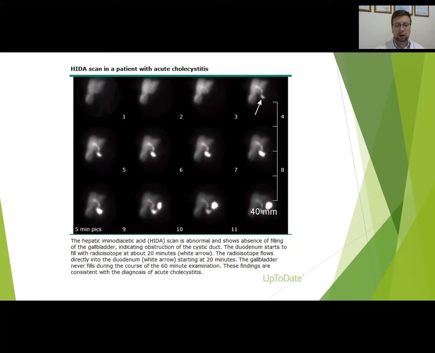You can see the white arrowhead, and the radioisotope flows directly to the duodenum. The gallbladder never fills during the course of the 60-minute examination. These findings are consistent with the diagnosis of acute cholecystitis. Here you can see the filling of the duodenum.